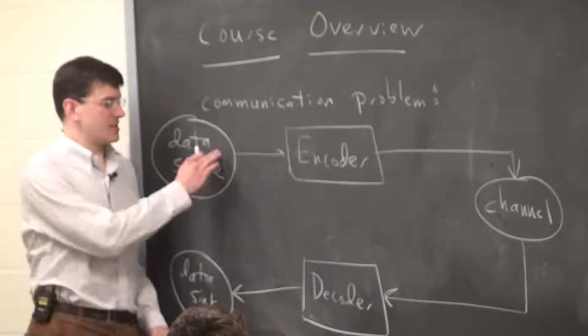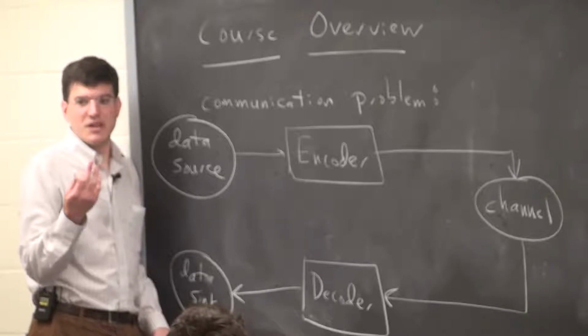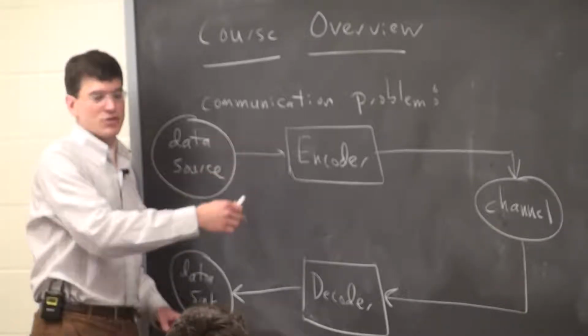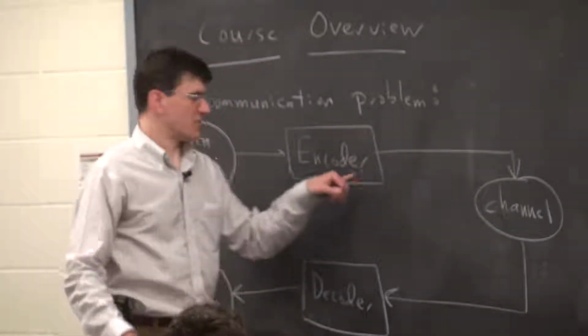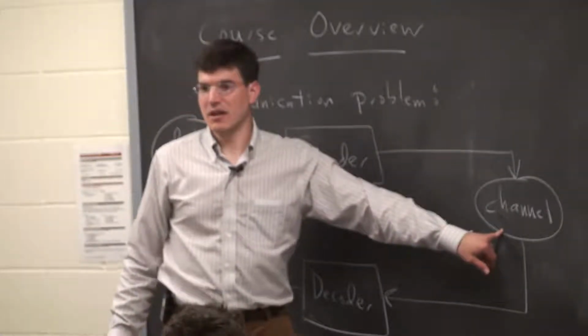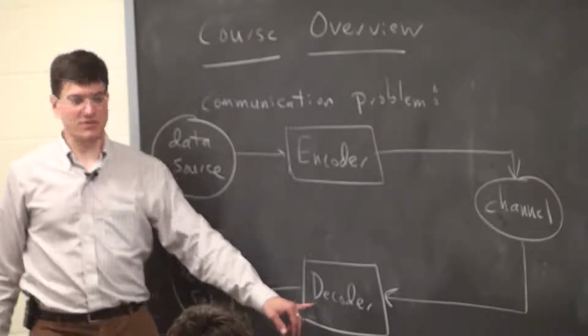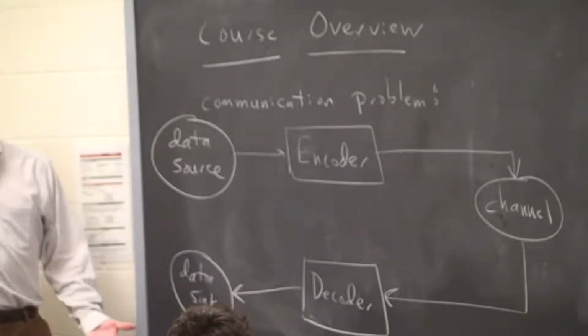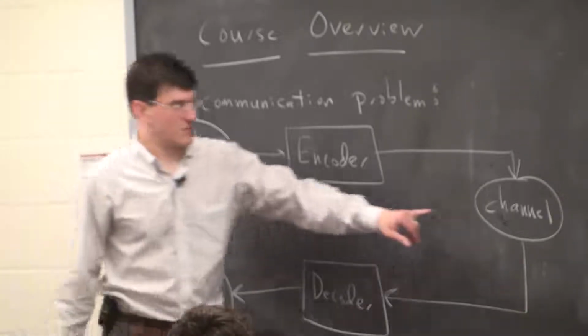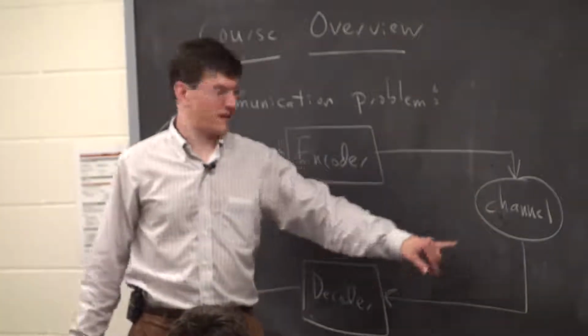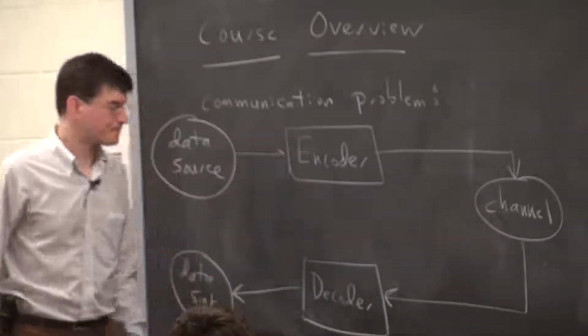What you can do there is just take the voice, put it through a microphone, get an electrical signal, and modulate the waveform on the twisted pair directly in proportion to the voice signal. Then on the receive side, just take the electrical signal and pump it through a speaker, and that's the design. For that particular case, that works pretty well. If you take voice though and put it over the electromagnetic spectrum, maybe it doesn't work as well, or over a fiber optic cable, it doesn't work as well.